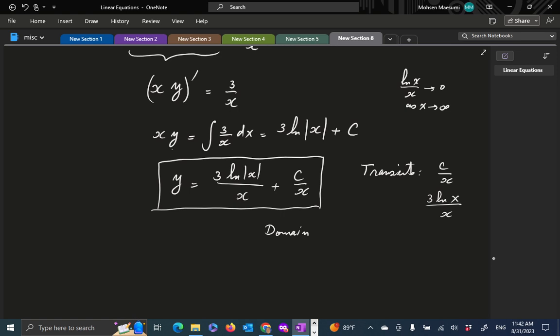And logarithm of 0, let's remember that one. We need it sometimes. Logarithm of 0 itself is a trouble spot. Logarithm of 0 is minus infinity, so remember that from pre-calculus or calculus. So for the domain of this, you better stick either to the positive side or the negative side.